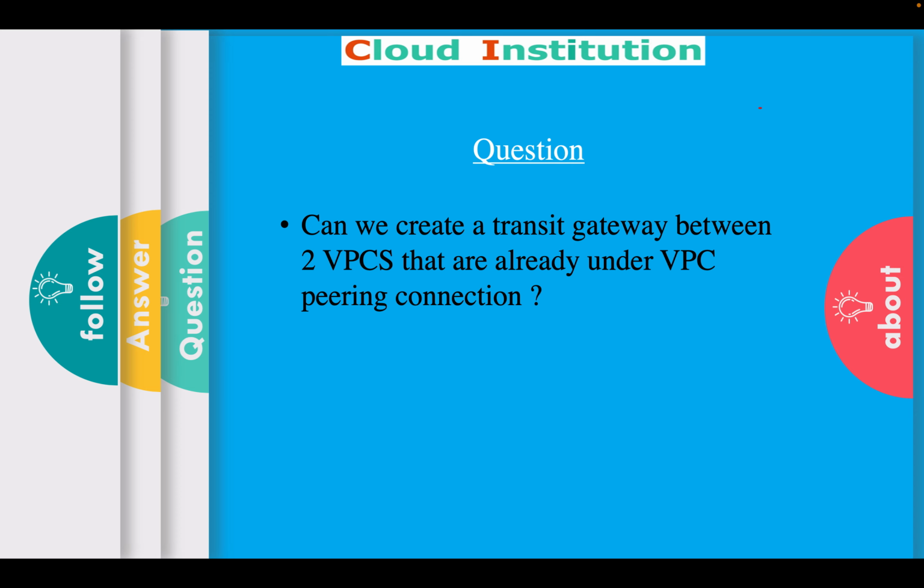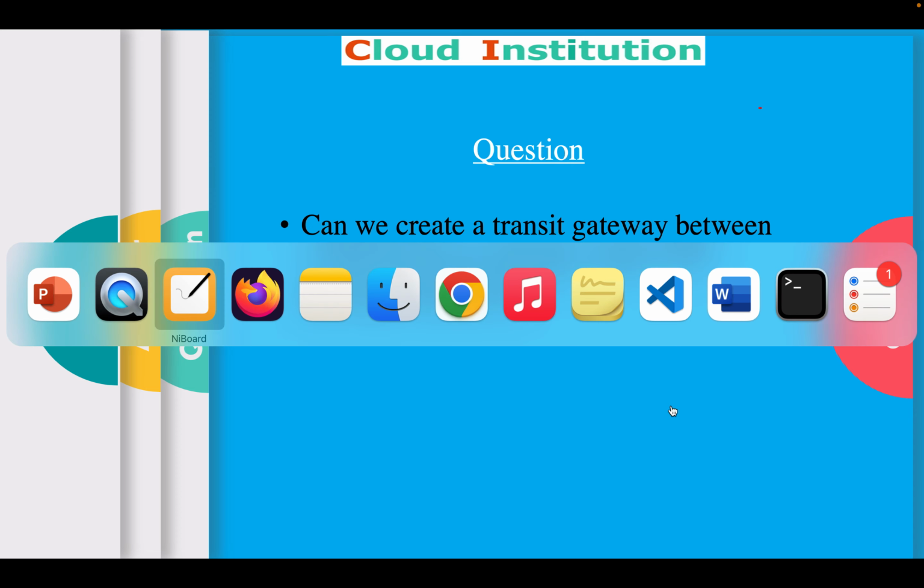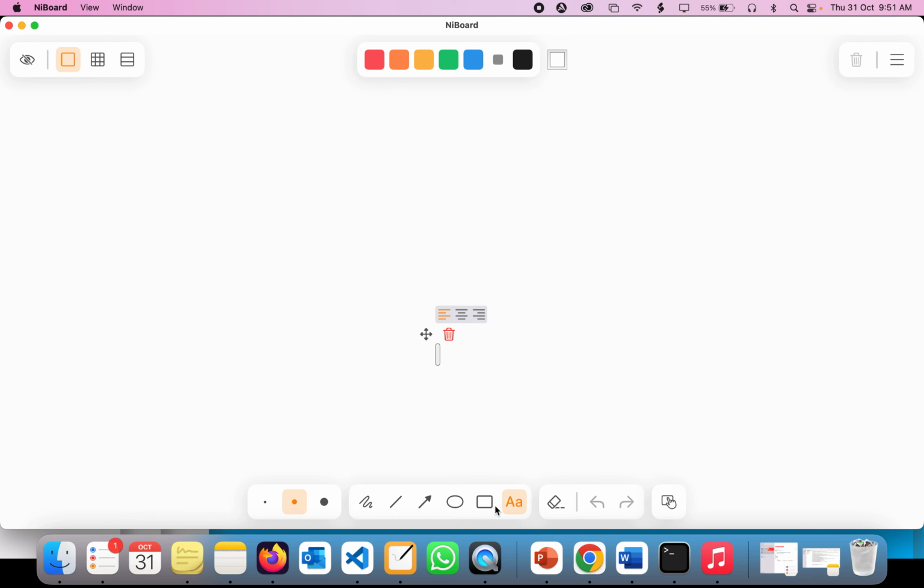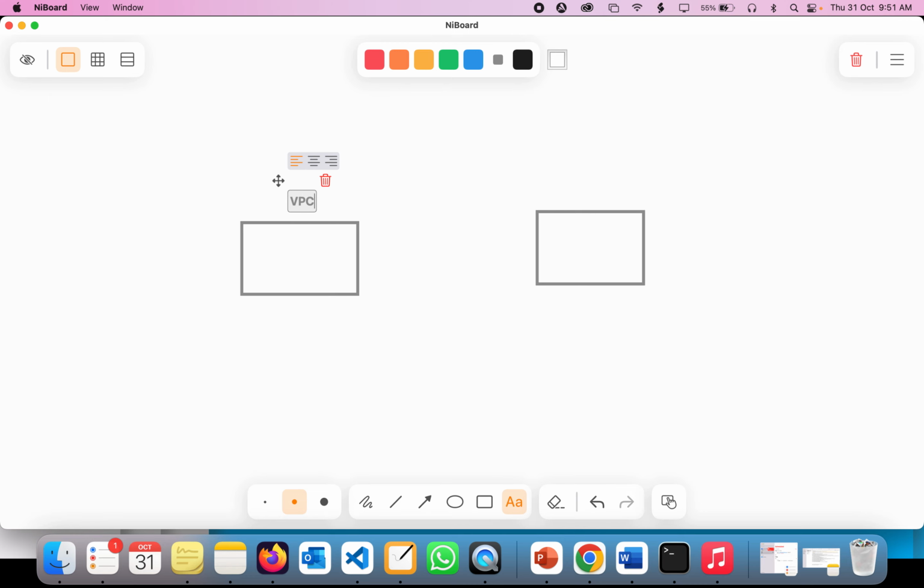So let's go back to our whiteboard and see what VPC peering is. If this is one VPC and this is another VPC, let's say this is VPC1 and this is VPC2. We are going to create a VPC peering connection.